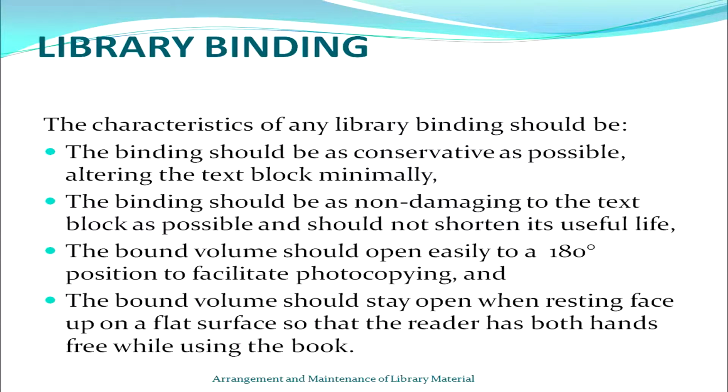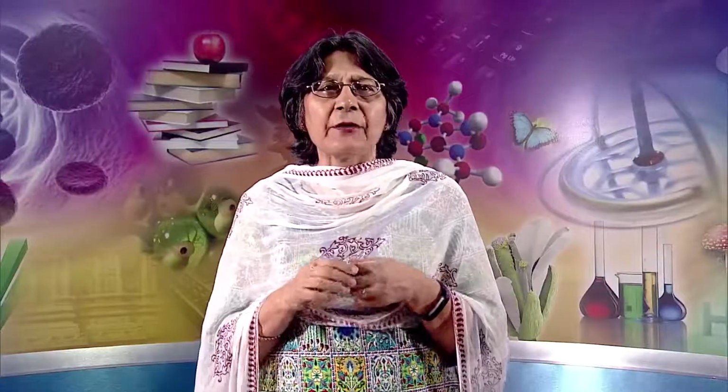Then the binding should be as non-damaging to the text as possible, because it should not shorten its useful life. Then the bound volumes should open easily to a 180-degree position to facilitate photocopying, and the bound volume should stay open when resting face up on a flat surface, so that the reader has both hands free while using the book.